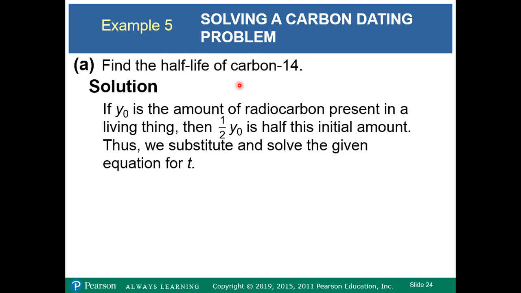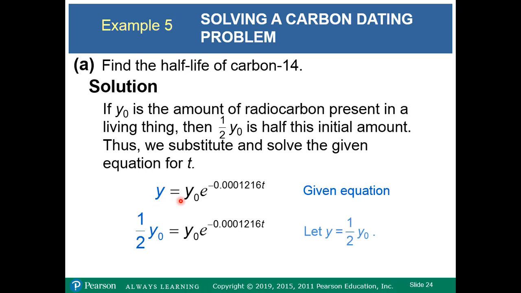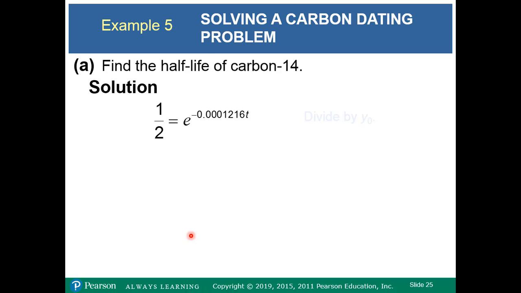So half-life means I'm going to have 1/2 of the initial amount left over. So again, I'm going to replace y with this, and then we're going to solve for t. Okay, so this is our initial value. The half-life means I'm going to have half of this, so this is going to be 1/2 y0. I'm going to divide both sides by y0, and I get a half again.